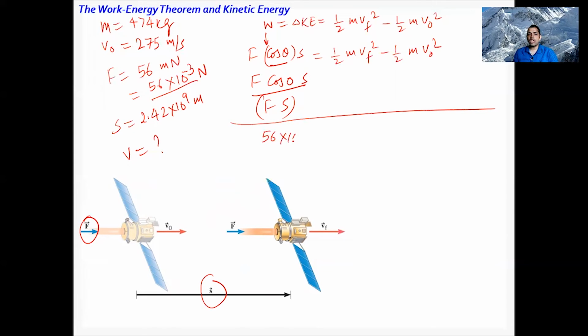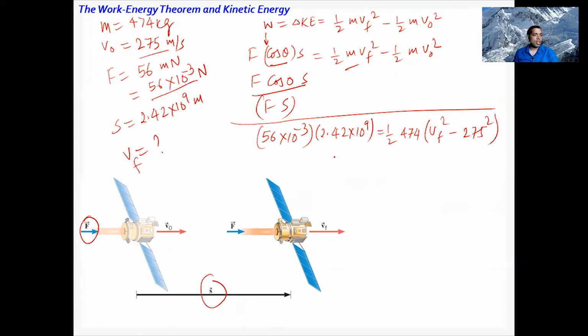56 × 10^-3. Then S is 2.42 × 10^9 equals 1/2. You can factor out M. So M is 474 VF. VF is how much? We don't know. VF is VF minus V0, which is 275 squared.